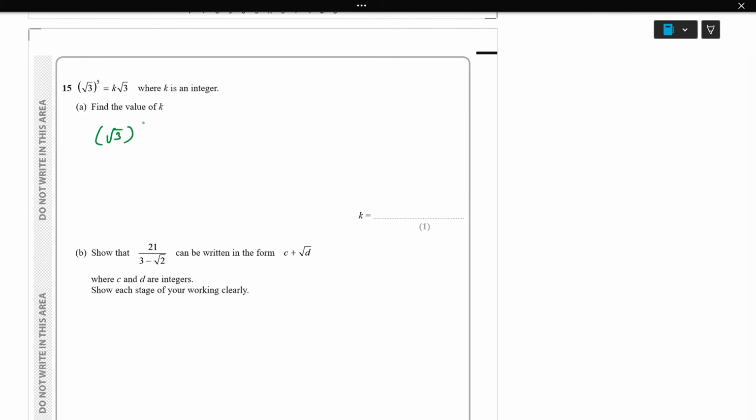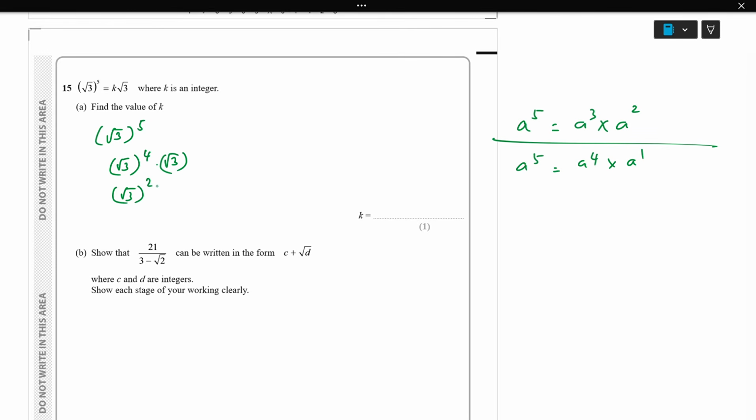Next question 15, root 3 whole power 5 equals k root 3. So the final answer we have to leave as k into root 3. Root 3 whole power 5, we can write as root 3 whole power 4 into root 3. Power 5 can be written as power 4 and power 1.